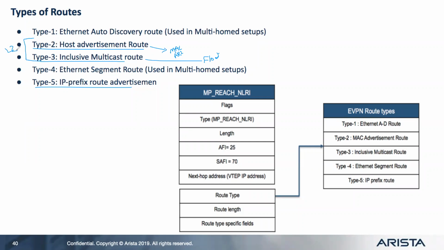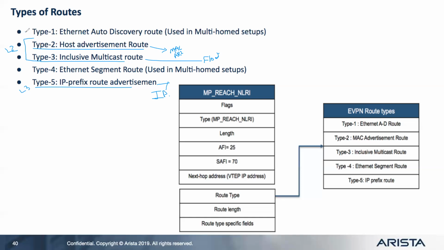With type 5, we will advertise IP prefixes, for example 10.10.0.0/24. So this is L3 EVPN type 5. These are the three main ones which we will go into in more depth: type 2 and type 3 for L2 EVPN, and type 5 for L3 EVPN IP prefixes.